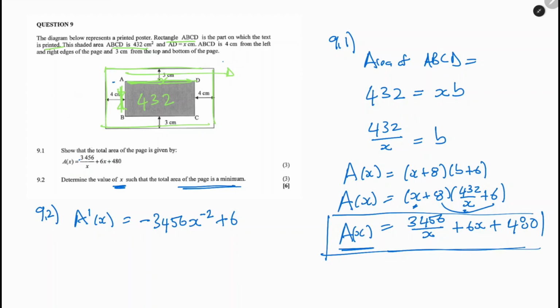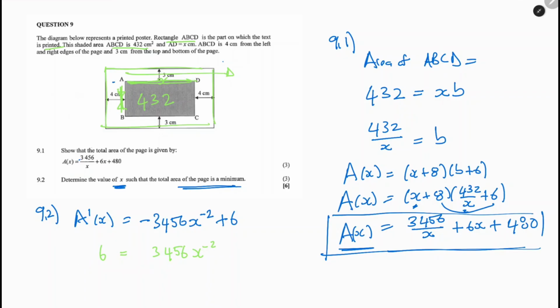Now we want to solve for when this equals 0, so I'm going to equate it to 0. Minus 3456 X to the power of minus 2, plus 6 equals 0. Then I'm going to take the plus 6 to the other side, so it becomes a minus 6. Then I've got minus and minus, so I can just make both sides a plus.